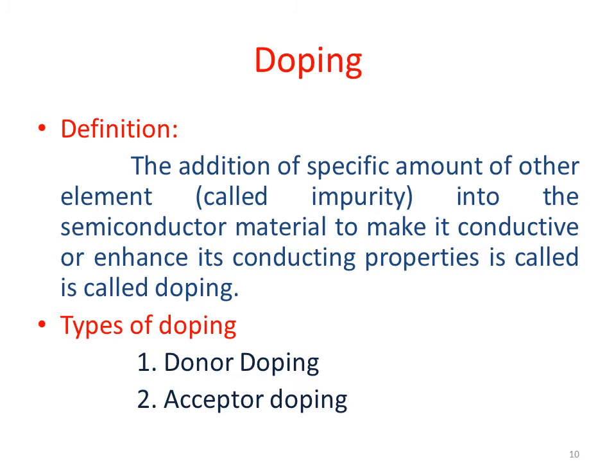So we add elements of other groups to the semiconductor material to enhance its conducting properties. This addition of another element to the semiconductor material is called doping. Now there are two different types of doping. Number one is donor doping and number two is acceptor doping.